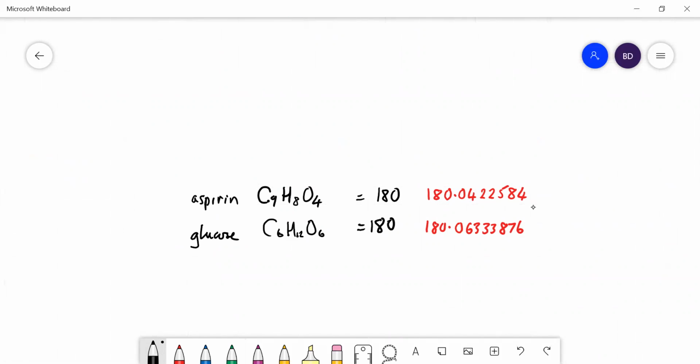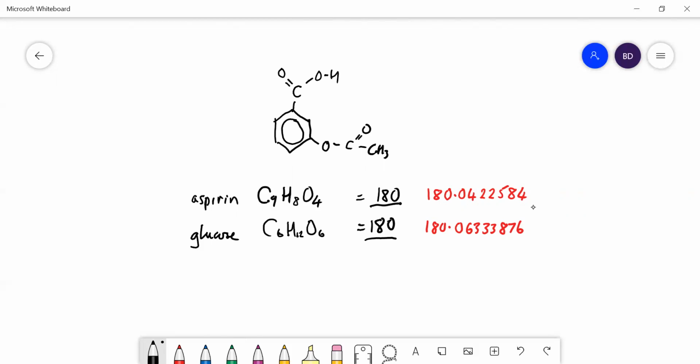Aspirin has this structure: a benzene ring, an ethanoyl group there, and a carboxylic acid group up there. Glucose, you're probably familiar with the structure. But nominally, if you add up their low resolution masses, they've both got an MR of 180.